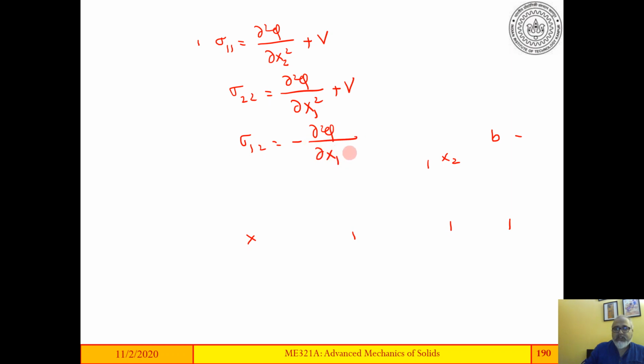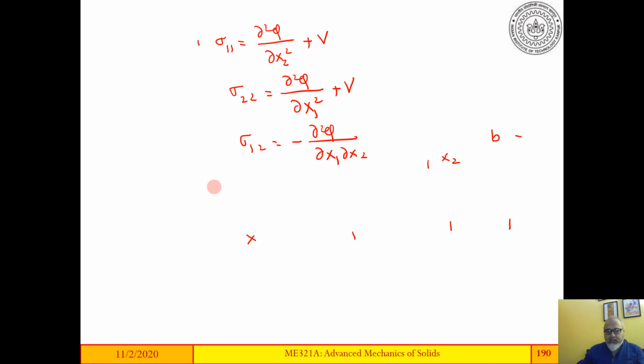So I have sigma 11 equal to del square phi del x2 square plus V, sigma 22 equal to del square phi del x1 square plus V, and sigma 12 is minus del square phi del x1 del x2. So this is what I have assumed.